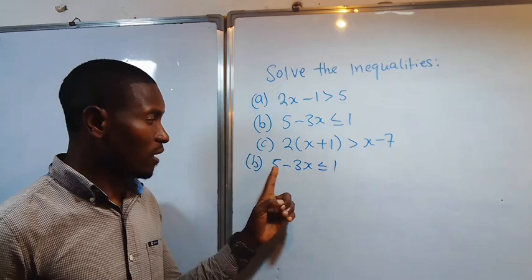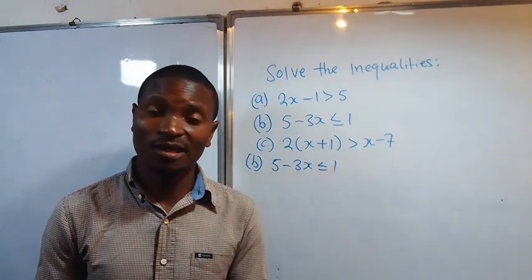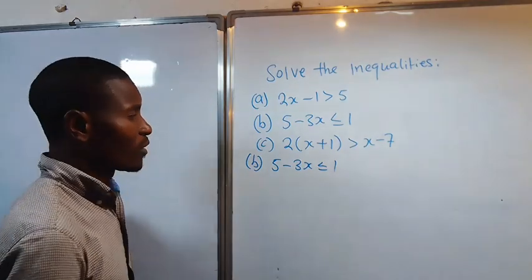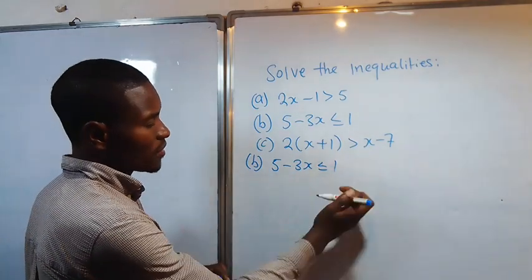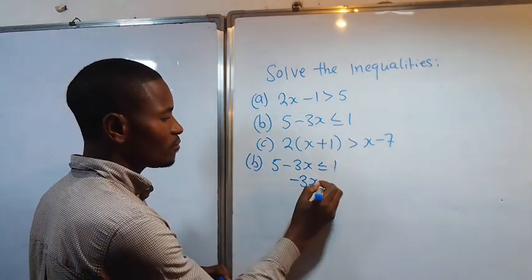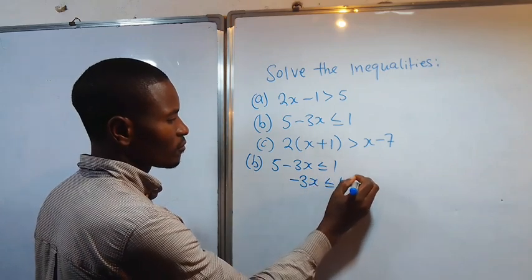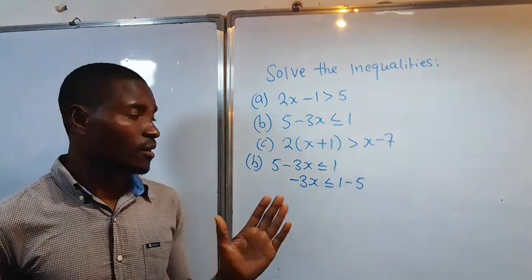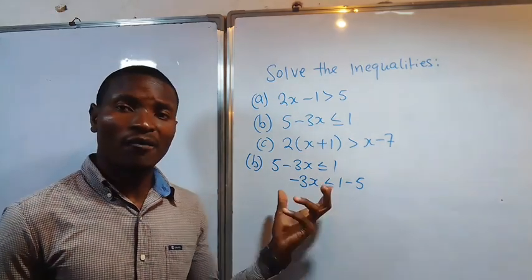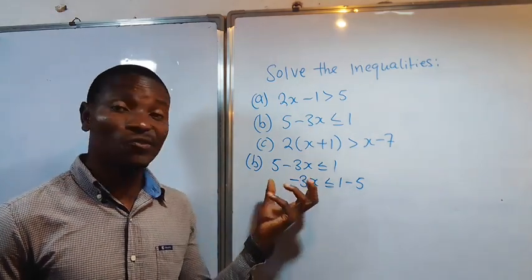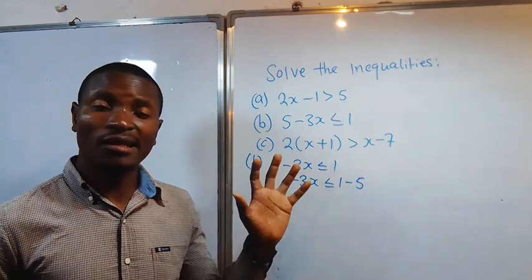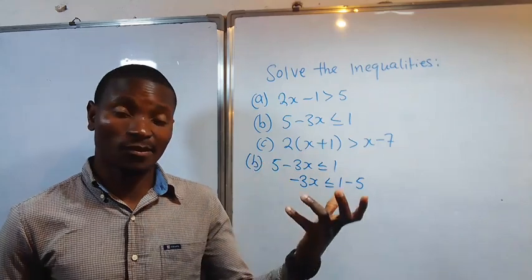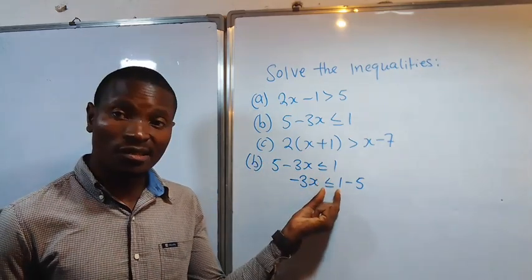When you look at 5 and 1, these are like terms, so we can put these like terms together. So we are going to take this to the other side. The most important thing is that I've kept the negative 3x on the left side because it has the x in it as the term of x, and I maintained the symbol.